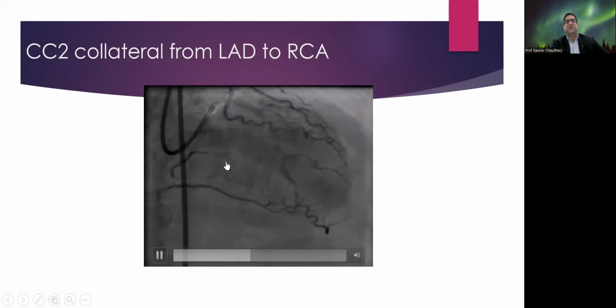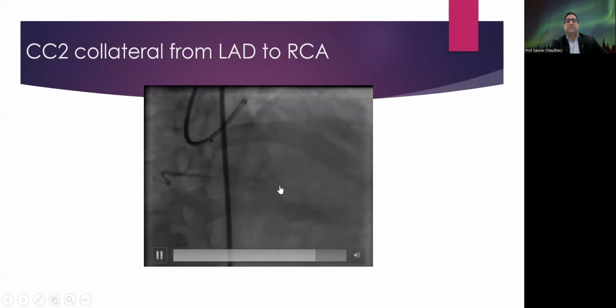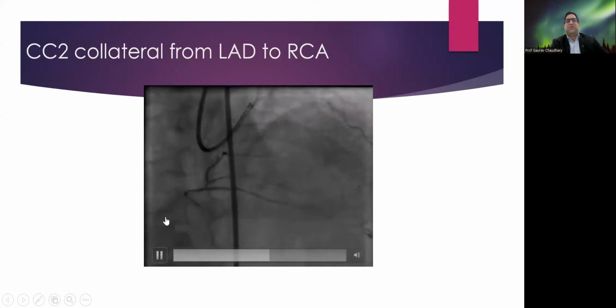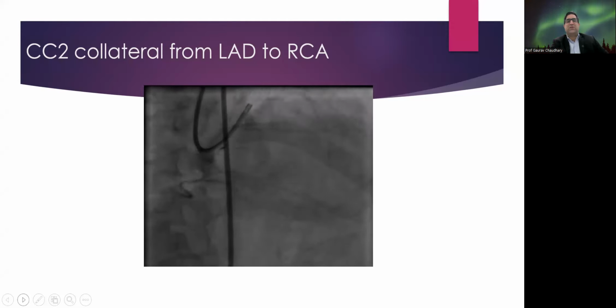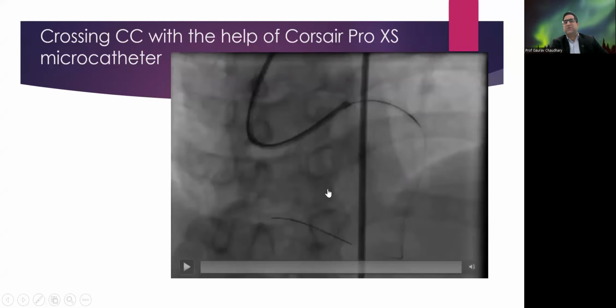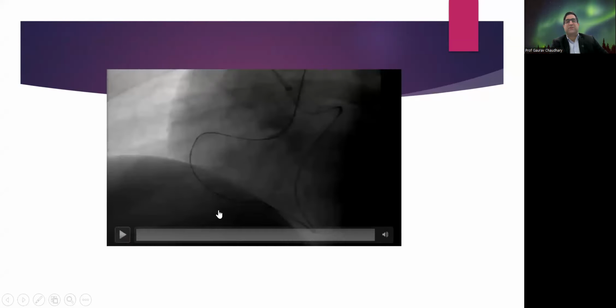So this is a case where an ostial RCA CTO was a failed CTO elsewhere. From the LAD, we can see a good CC2 septal collateral going to the distal RCA, PD connection there. So we took a Sion wire. Over this, we took a Corsair Pro XS microcatheter because we knew that this will help as a channel dilator as well as it can be negotiated across the septal collateral.